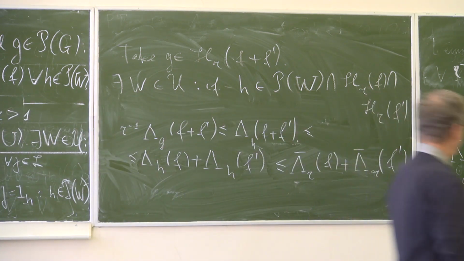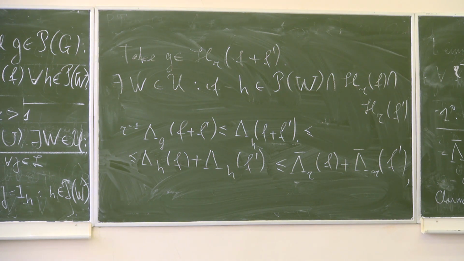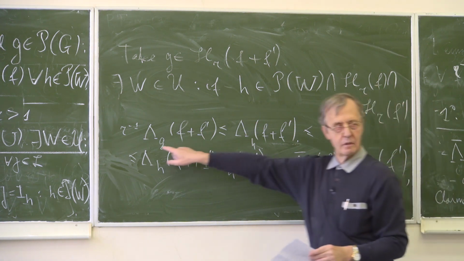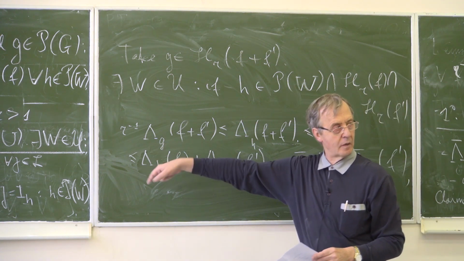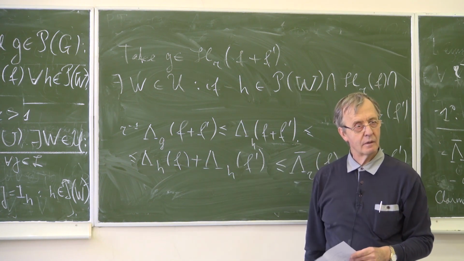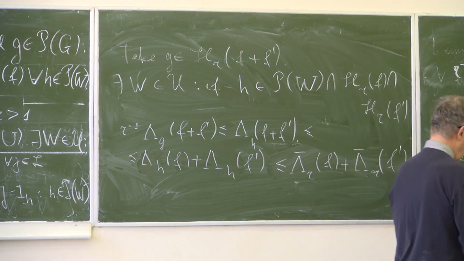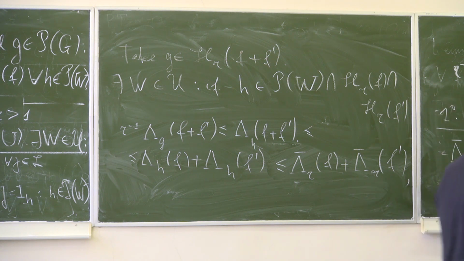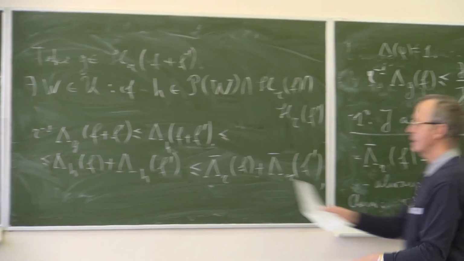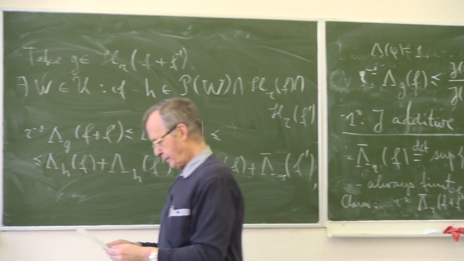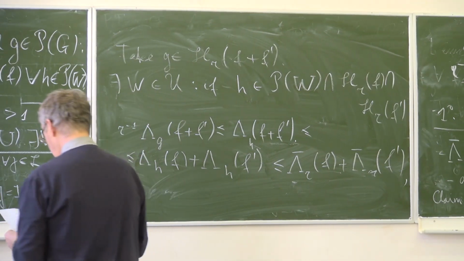So we have established this inequality, because passing to the supremum here, we obtained precisely lambda bar of F plus F prime. So to establish this inequality, it suffices to pass to the supremum over G here.